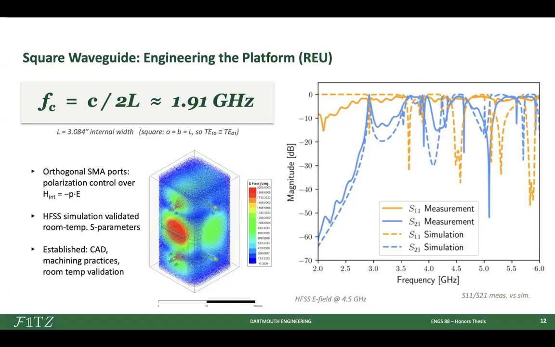However, when I calculated the cutoff frequency, it ended up being around 1.91 gigahertz, which is well below the target band of our previous waveguide, indicating that this waveguide is not the best for BCTDS. That's clear here on this plot: the simulation of the transmission and reflection is not aligned well with our actual measurements.